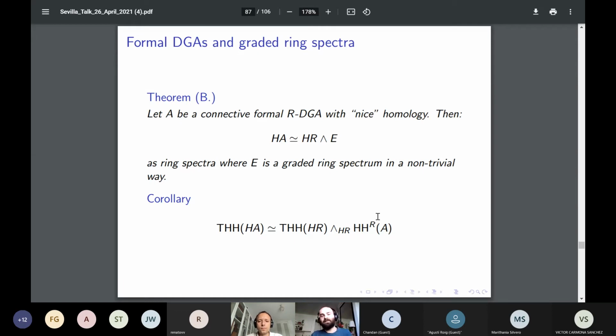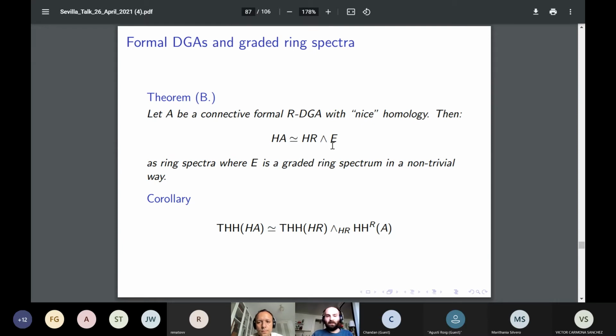Actually, because A is formal, the spectral sequence that computes this has all trivial differentials and so on. So this part is really computable, and this part is often known. This theorem basically says that for a formal DGA, in many cases, you will be able to compute the topological Hochschild homology.